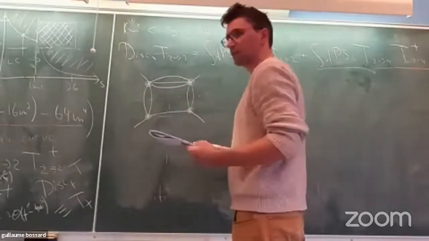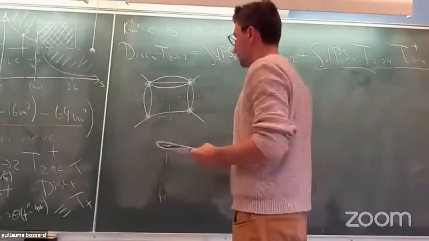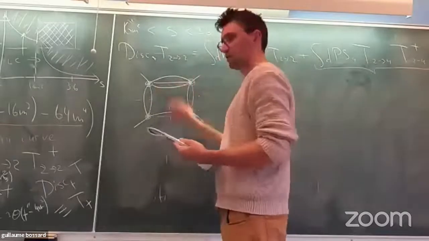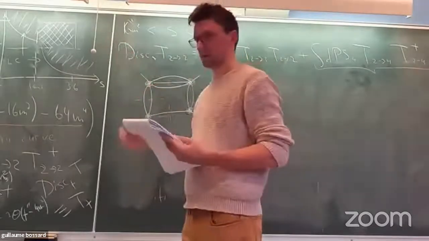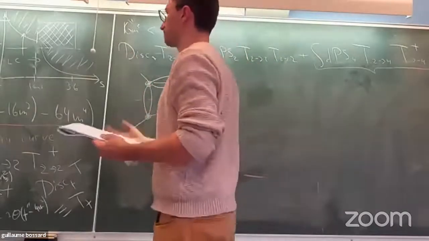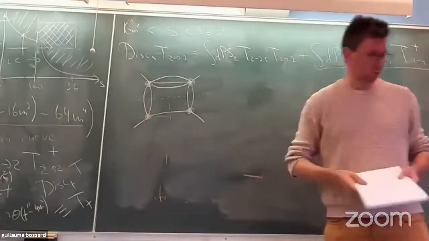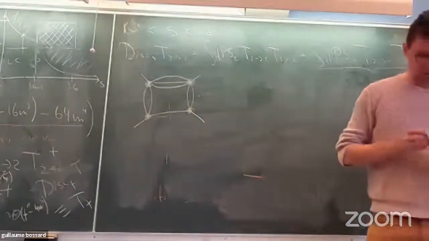So all the graphs that have the same maximal cut. They will not have the same maximal cut. They will have the same normal thresholds, but the maximal cut will be different. Well, let me draw another example because it will maybe become clearer.